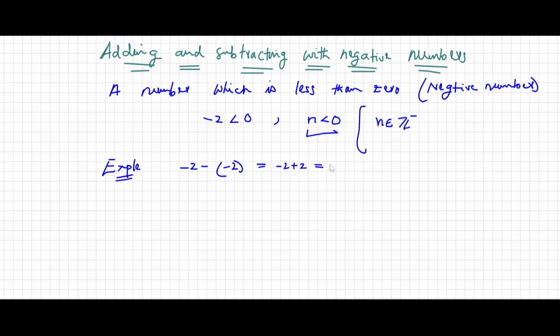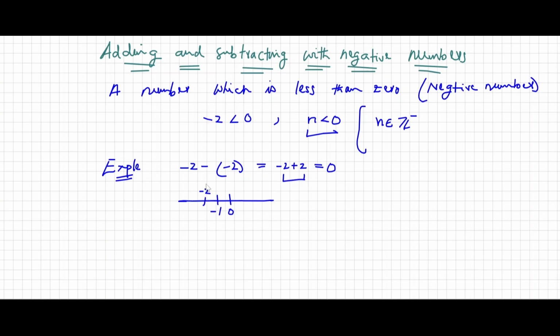So it will give us 0. On a number line, 0, -1, -2, here we are saying -2 plus 2.